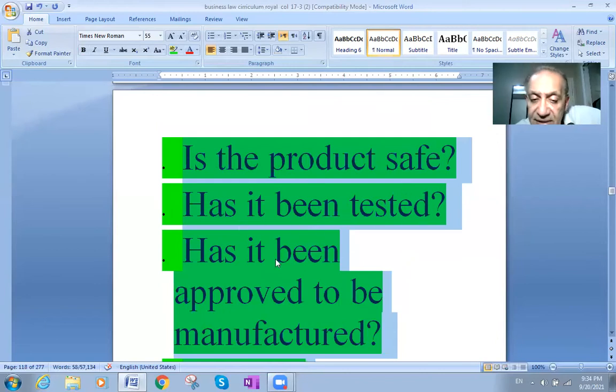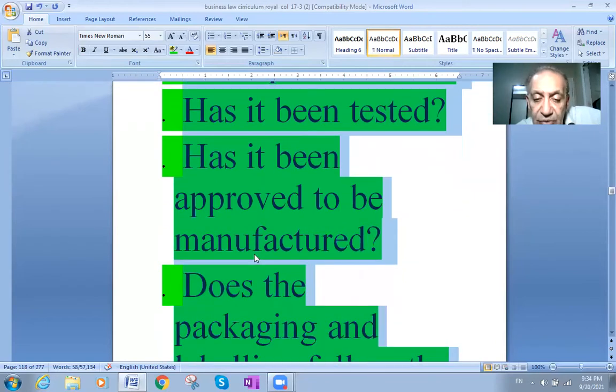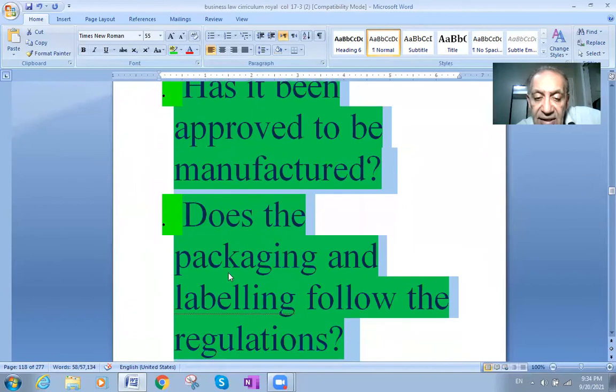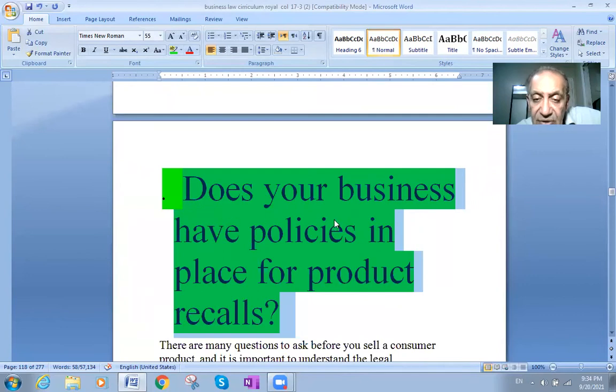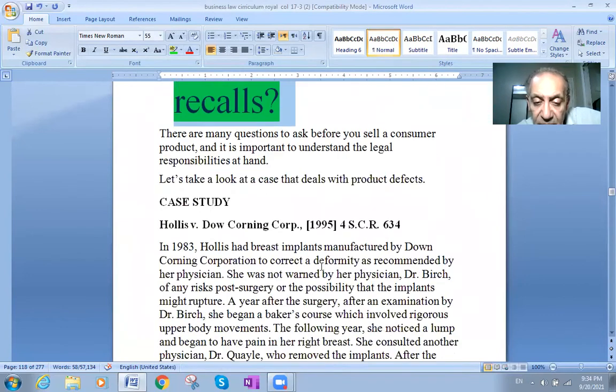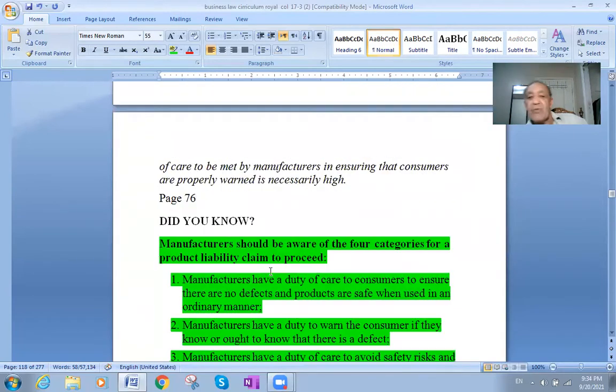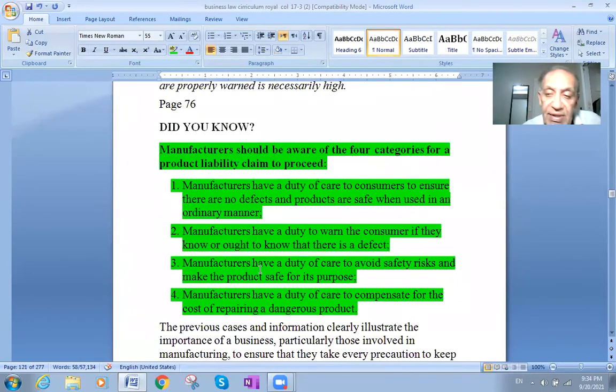Has it been tested? Has it been approved to be manufactured? Do the packaging and the labeling follow the regulations? Does your business have policies in place for product recalls? So those are all points that we have to know about the product, so that it will never harm the consumer.